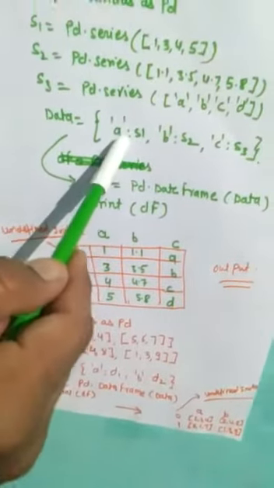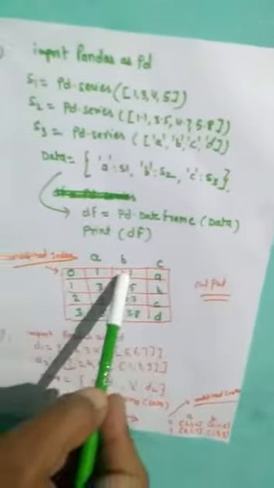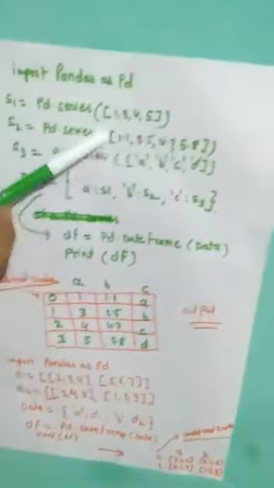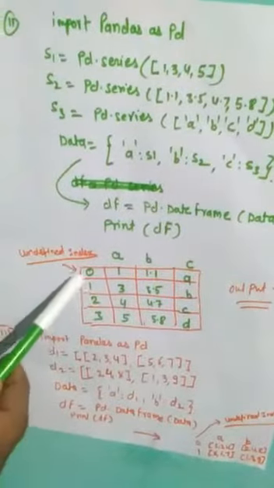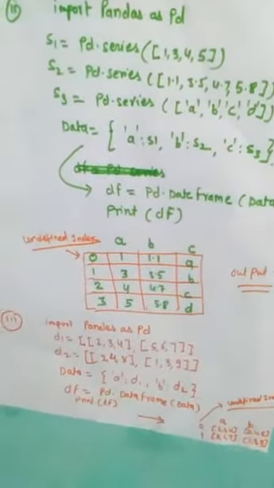So what will happen? A index S1 values 1, 3, 4, 5, B index S2 values 1.1, 3.5, 4.7, 5.8, and for C the values A, B, C, D will display. And since we haven't mentioned the index at the top, it will automatically take the default index 0, 1, 2, 3.